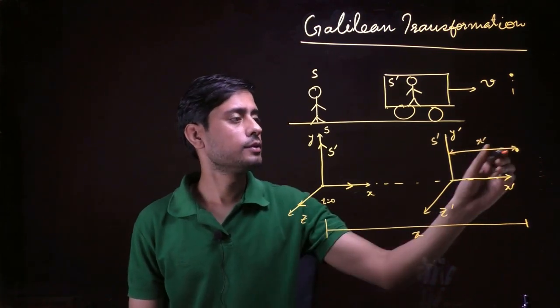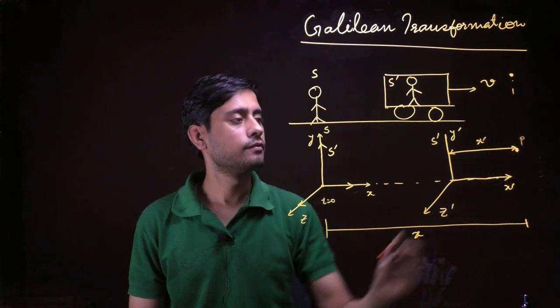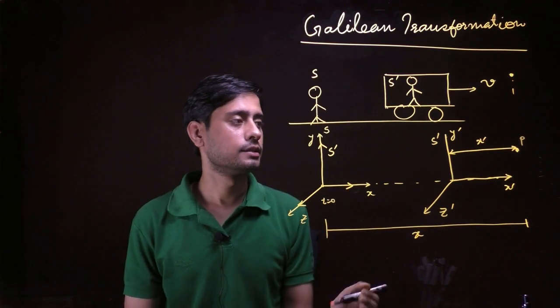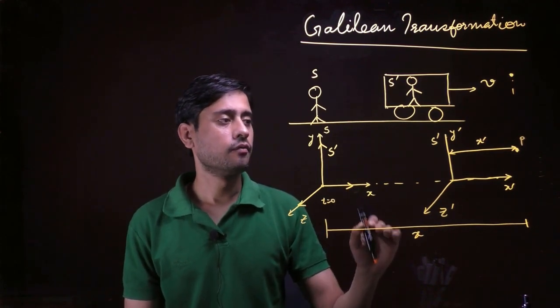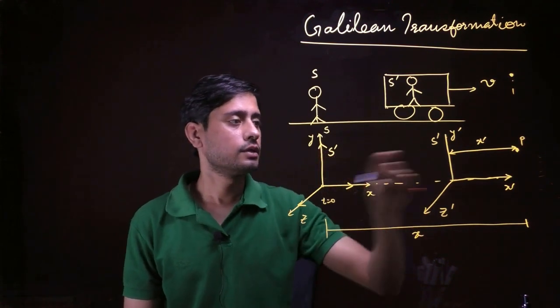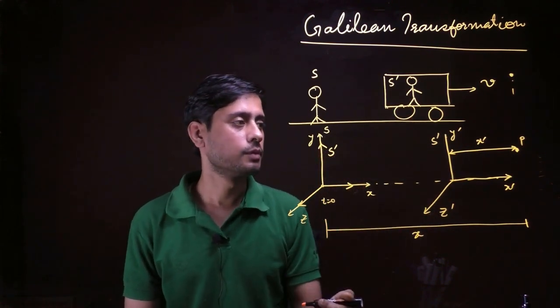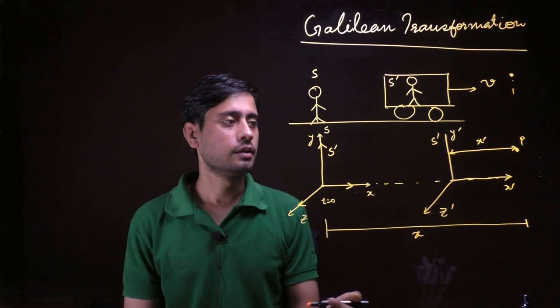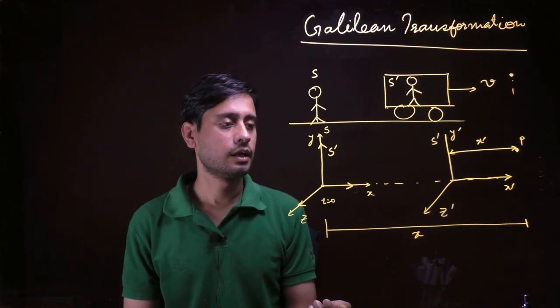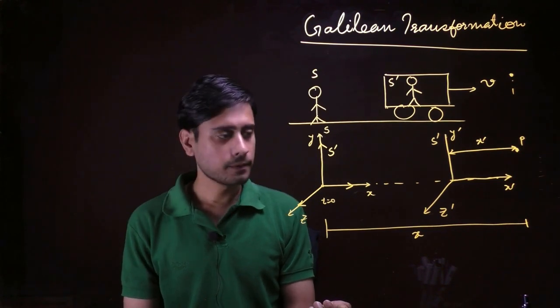The coordinates of this point P will only change in x. There will be no change in the y and z coordinates as the observer moves, because there is no motion along the y axis and z axis. The motion is only along the x axis.